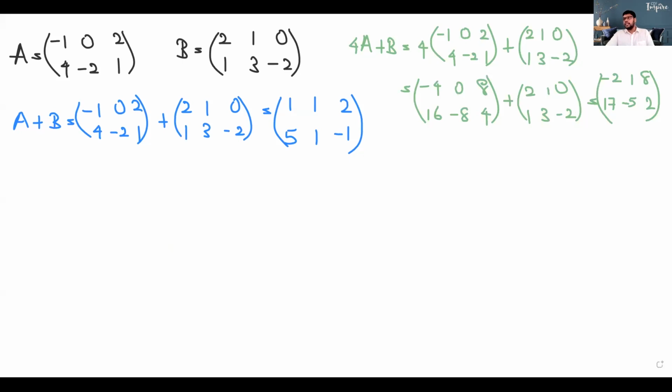Okay, and for the final part, what is the answer that you all got for part C? So part C was A minus 3B. A minus 3B. What did you get? Can I have your answers, children? Send it to me. So matrix B is 2, 1, 0, 1, 3, -2.